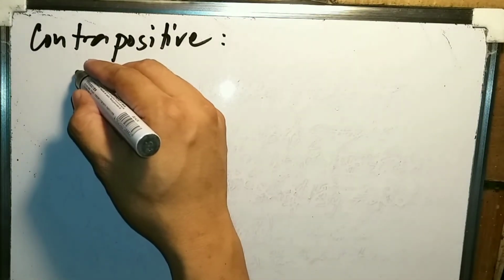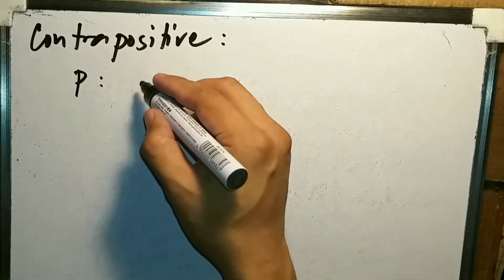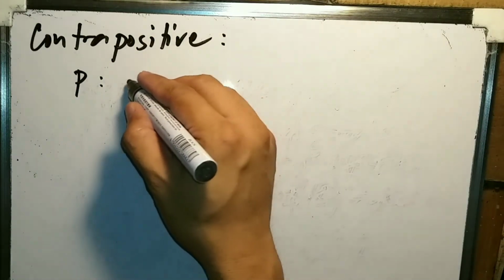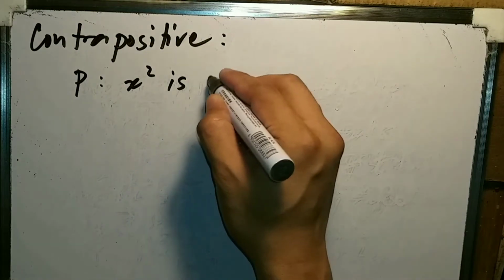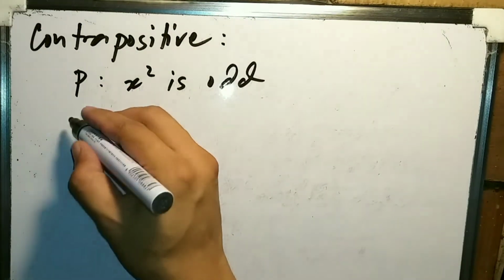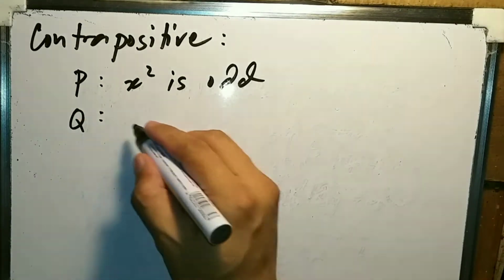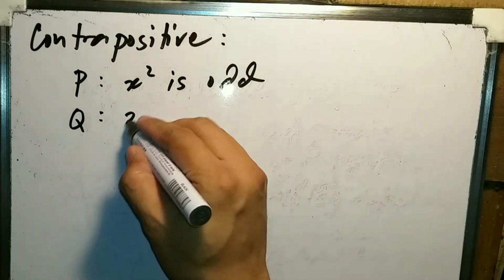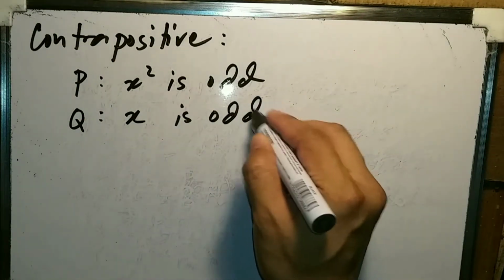So the proposition P would be x squared is odd, and the proposition Q would be x is odd.